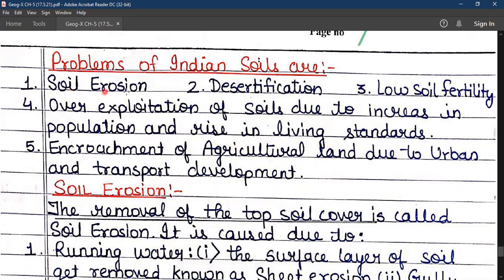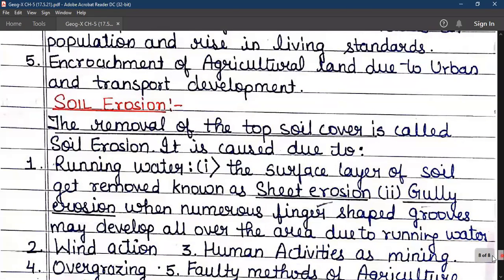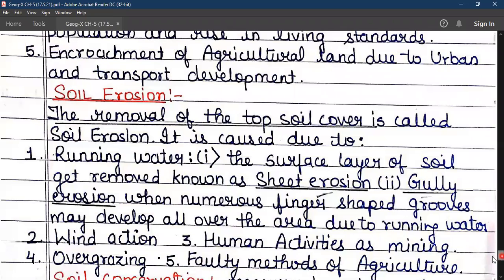These are soil erosion, desertification, low soil fertility, over exploitation of soil due to increase in population and rise in living standards. Number 5, encroachment of agricultural land due to urban and transport development.